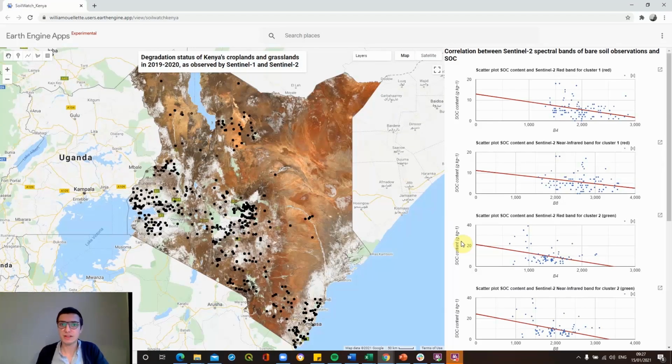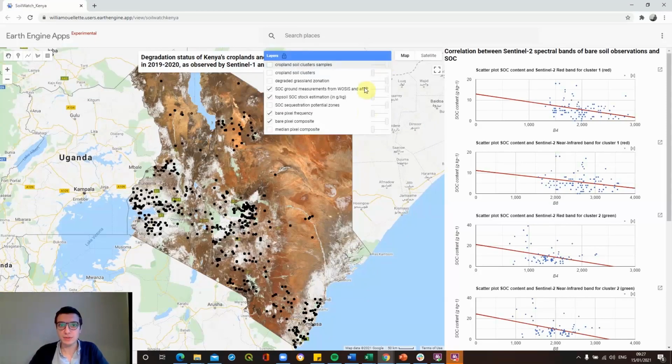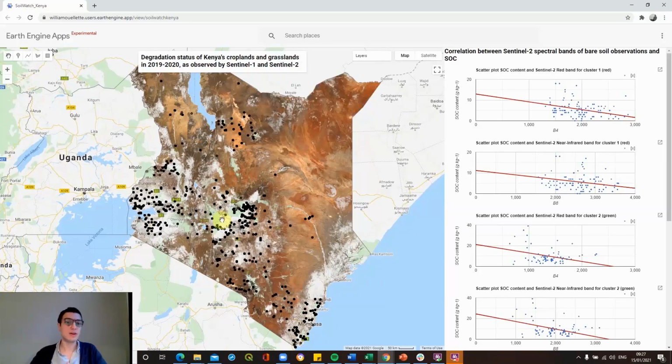land degradation surveillance framework database, which is an effort by ICRAF based in Nairobi to also sample areas of degrading land in the global tropics, to be able to monitor those areas over time. So combining these two databases, we're actually able to create a soil organic carbon, at least spatial variability, a map of soil organic carbon.